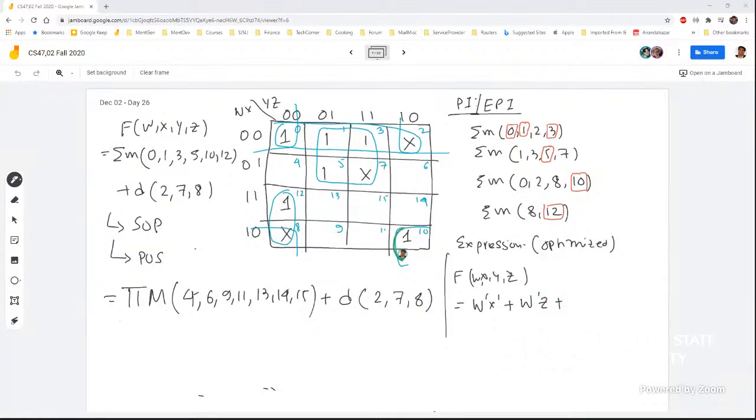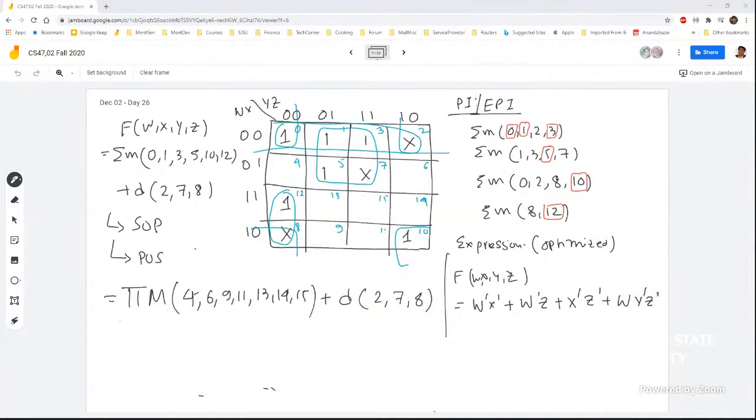Then for the corner groups, x is constant at 0, so x bar, and z is constant at 0, so z bar. And for this last group, the constants are w, y bar, z bar.